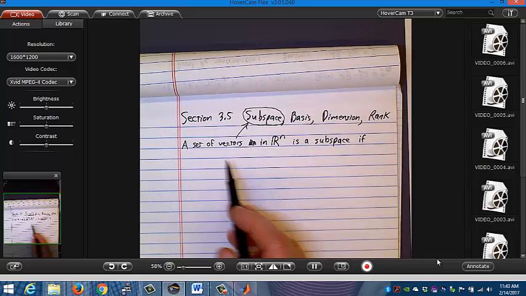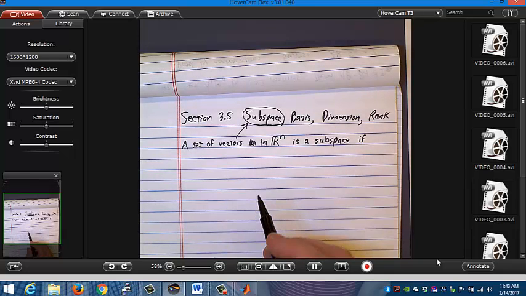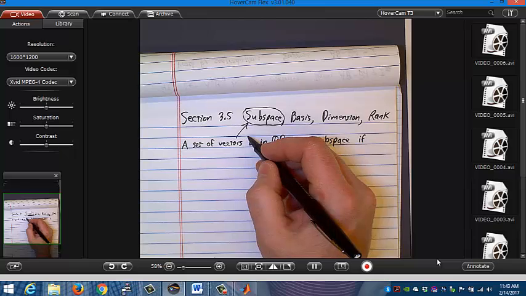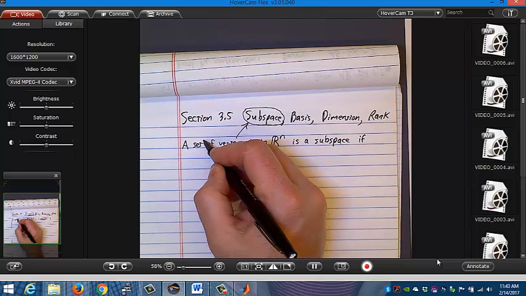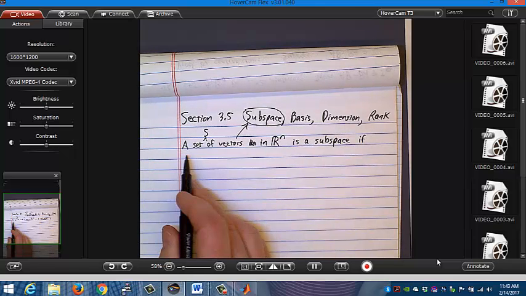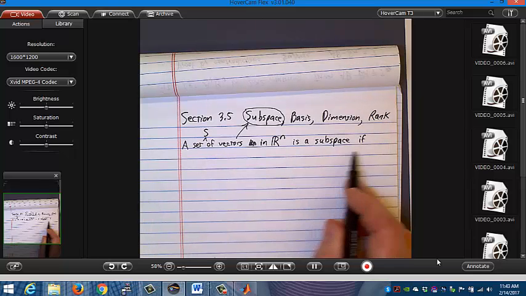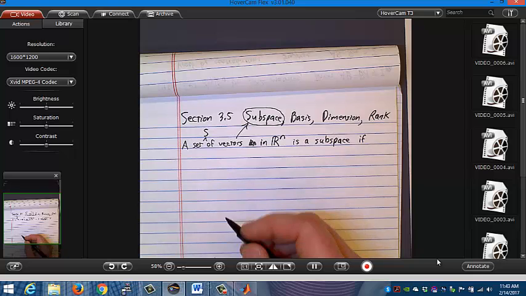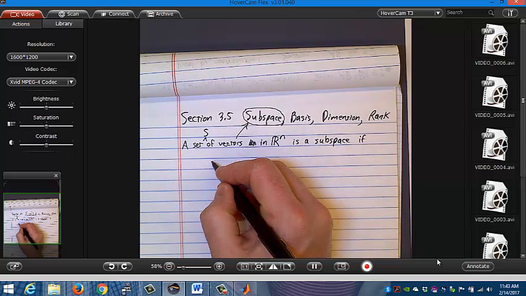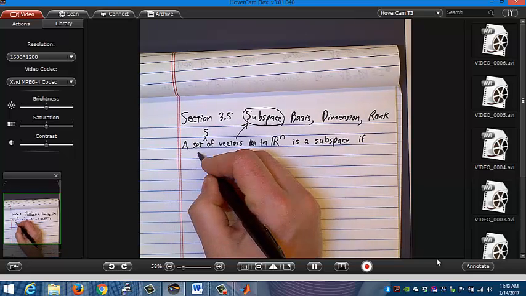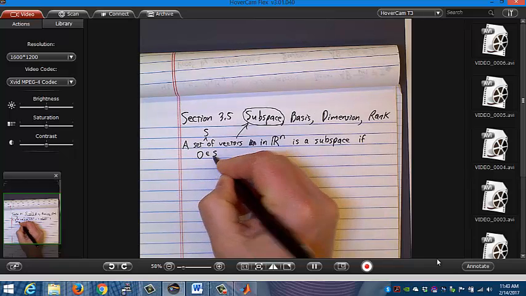Let me call the set of vectors S. A set S of vectors is going to be a subspace if you have the following things. You need 0 to be in S.